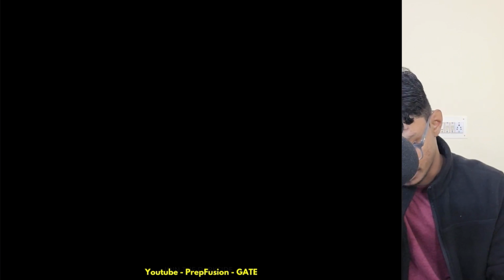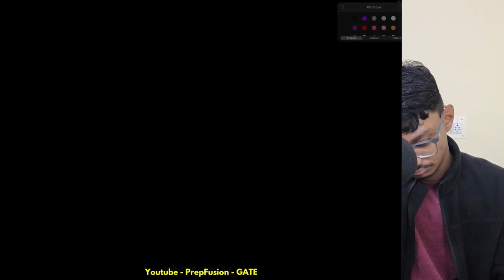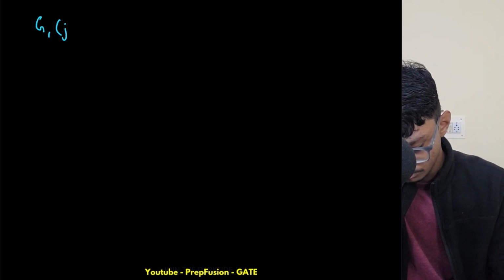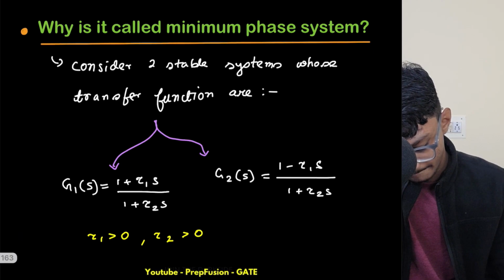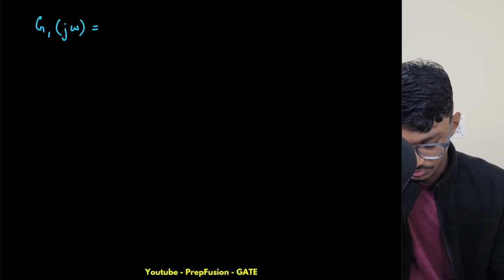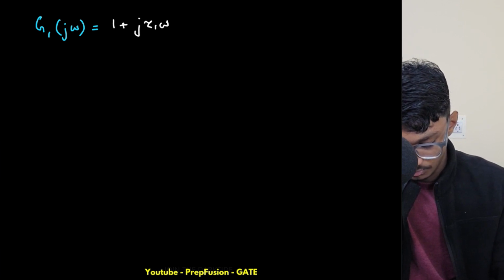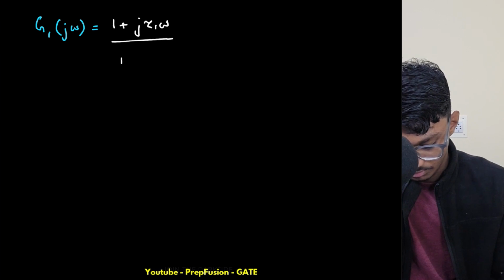So G1 of j omega is equal to 1 plus j tau 1 omega over 1 plus j tau 2 omega.